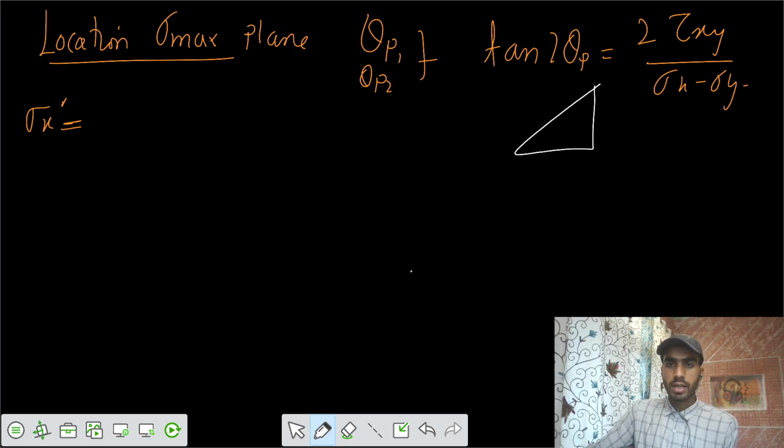So this was our triangle: theta p, this side was tau xy, this was sigma x minus sigma y by 2, and this was some resultant r.